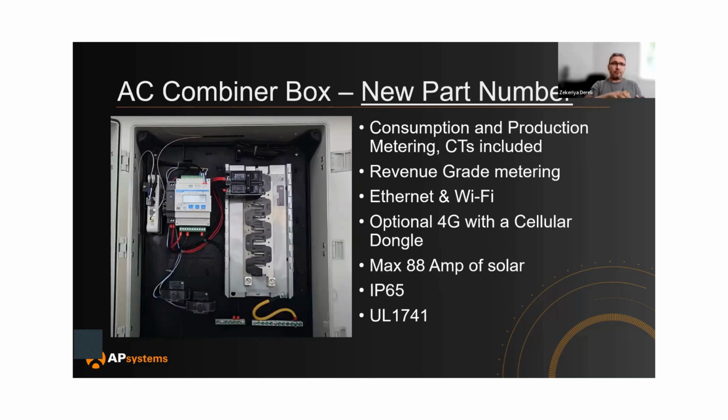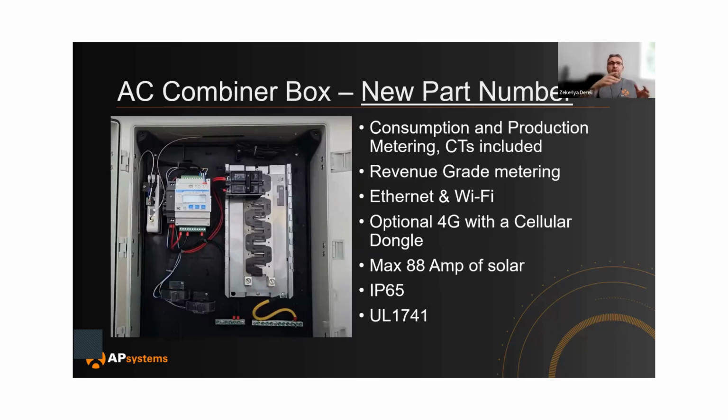Now you're going to get this new part number. Again, check with your Charge Solar sales rep and ask about the new AC combiner box with the Wi-Fi capability. By default now, with this new part number, you're going to get the Ethernet and Wi-Fi capable. If you still want 4G connectivity, you just get a dongle that's sold separately.